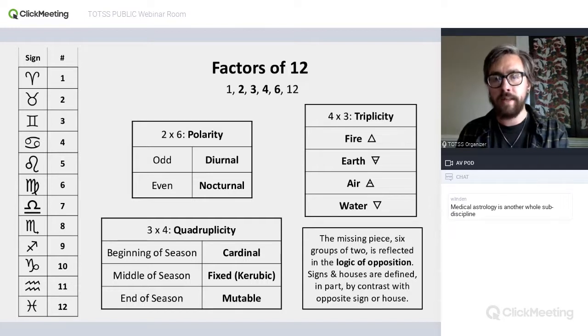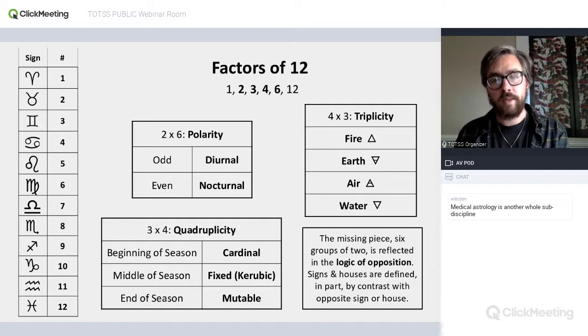The grouping of the signs into these triplicities, the 4 groups of 3, happens first, and then a couple hundred years into the tradition those groupings get assigned to the elements. So we don't have quite the same logic for why it's in this order. They're grouped into those groups, and then the groups are assigned to the elements based on the planets ruling those signs and some other considerations.